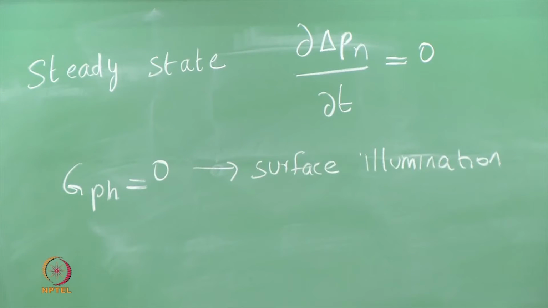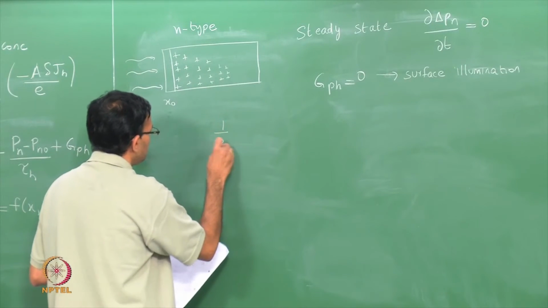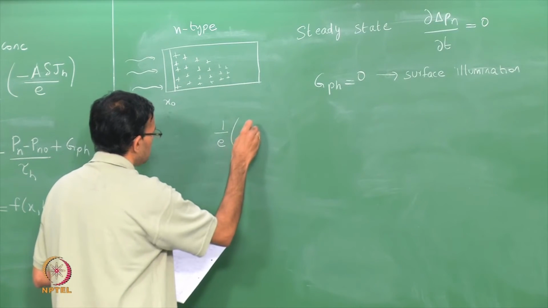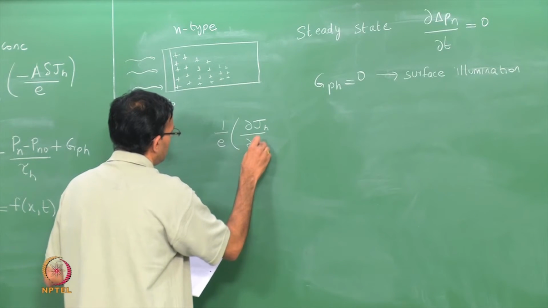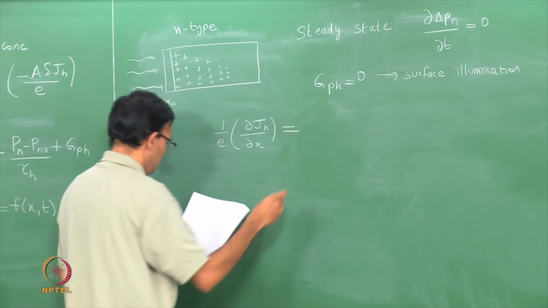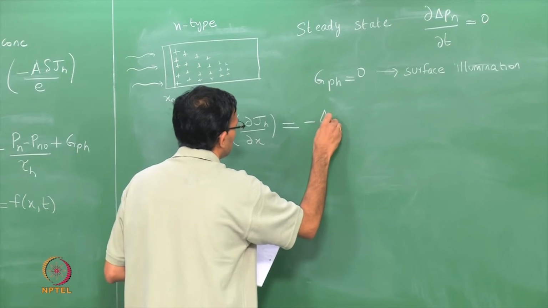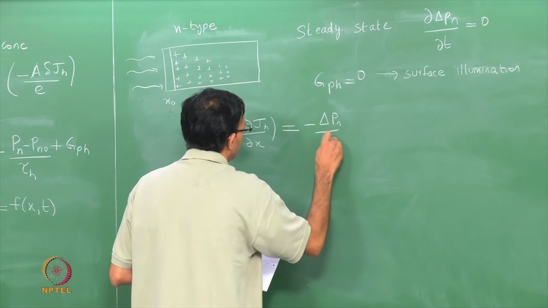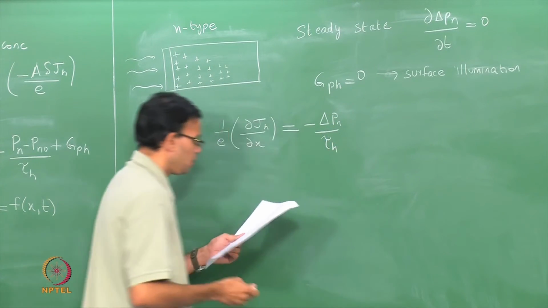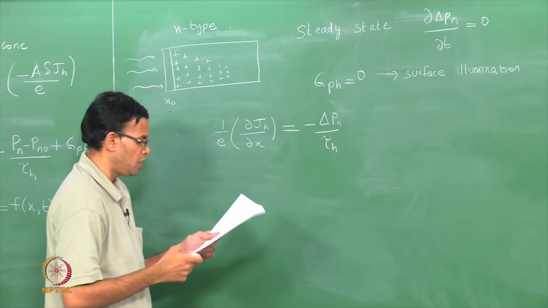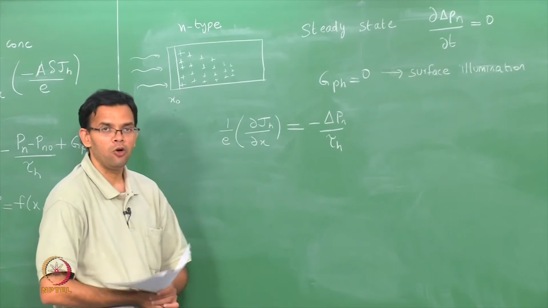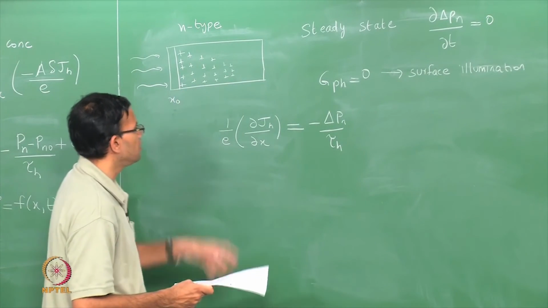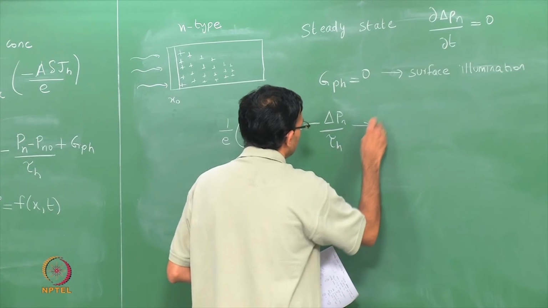So, we can go back and rewrite the continuity equation. In this particular case, the equation simplifies: ∂Jh/∂x is minus ΔPn over tau n minus ΔPn over tau h. So, you have a hole current that is set up mainly due to diffusion.